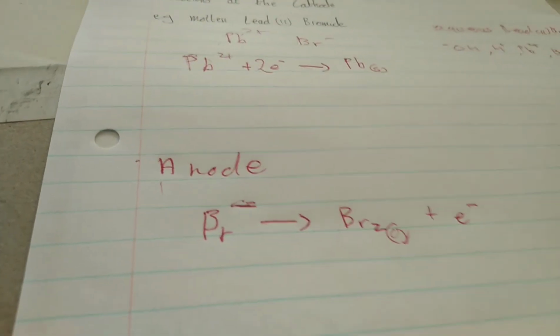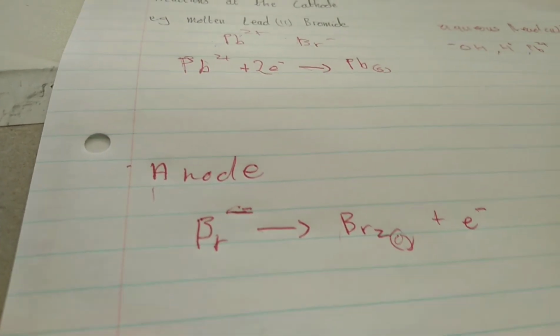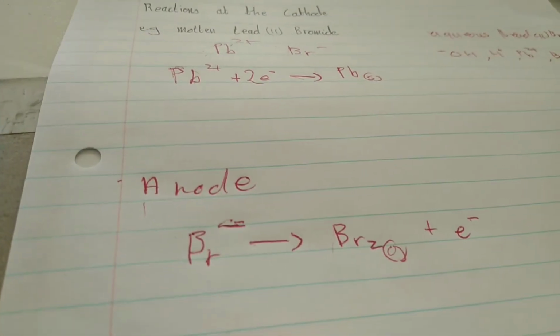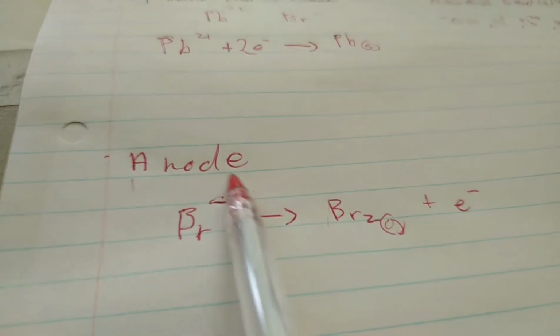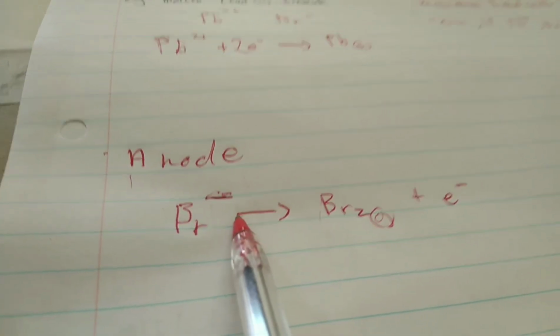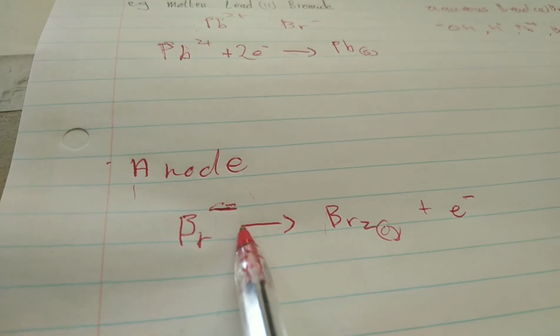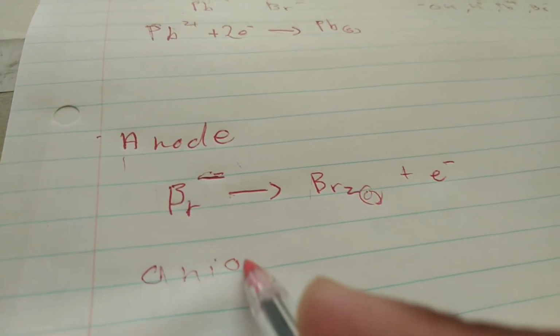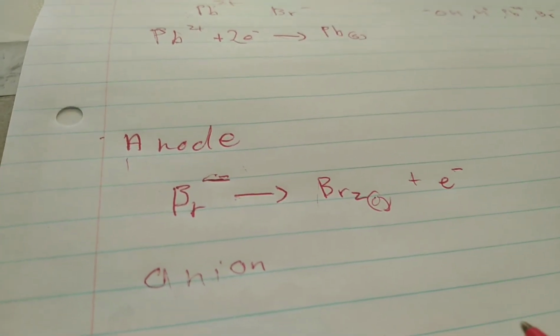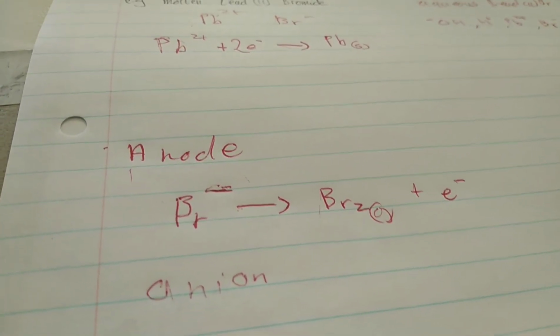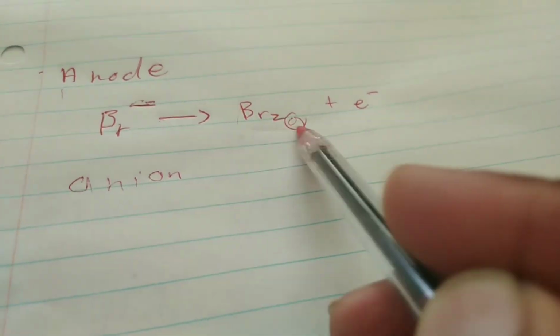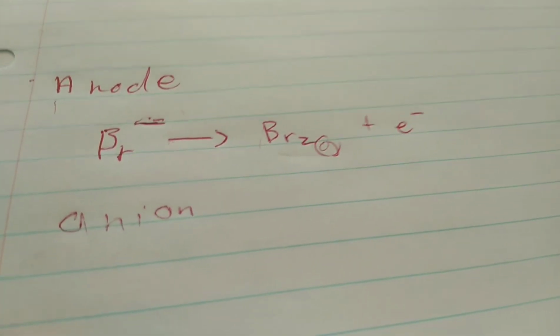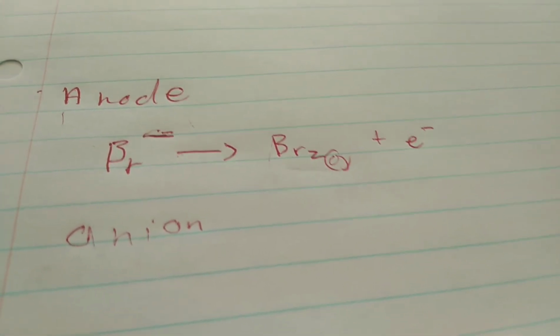So what we are saying here is that at the anode, you're going to have a nonmetal ion, which we call an anion. An anion will lose the electron to form a gas, a bromine gas.